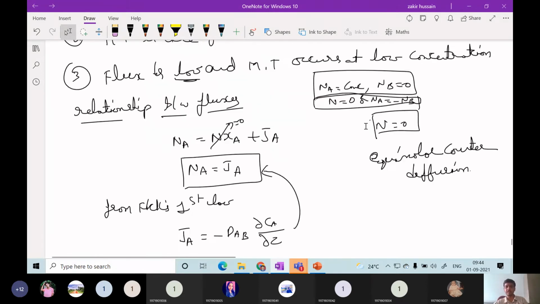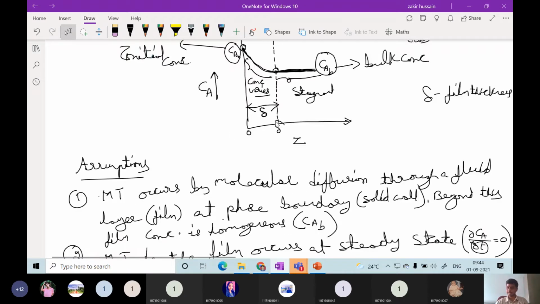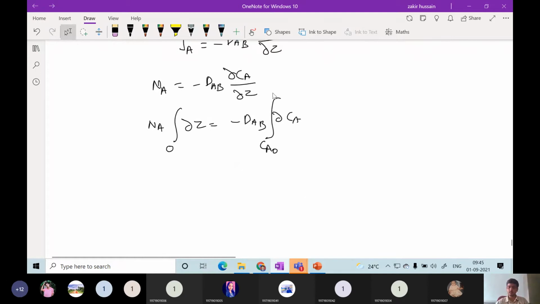When Z is equal to some film thickness delta, your concentration is reduced to the bulk concentration CAB.